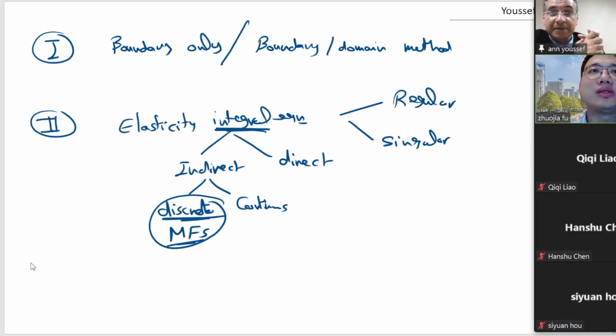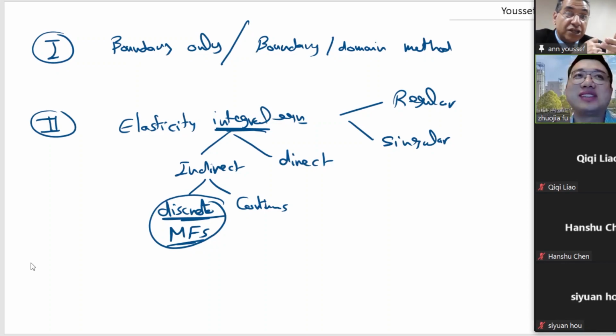Any questions? I think the potential problem is the basic problem, and as we see, that's one big picture. The elasticity problem is a little bit complicated.